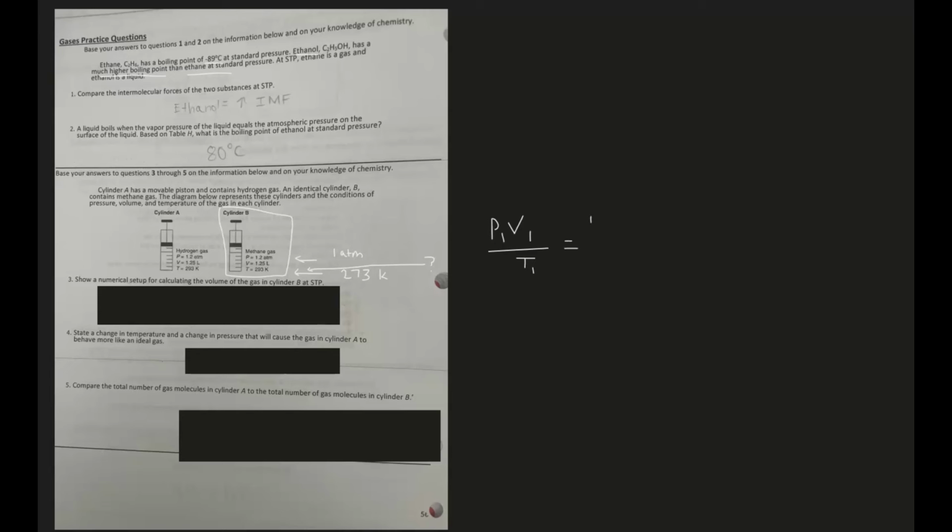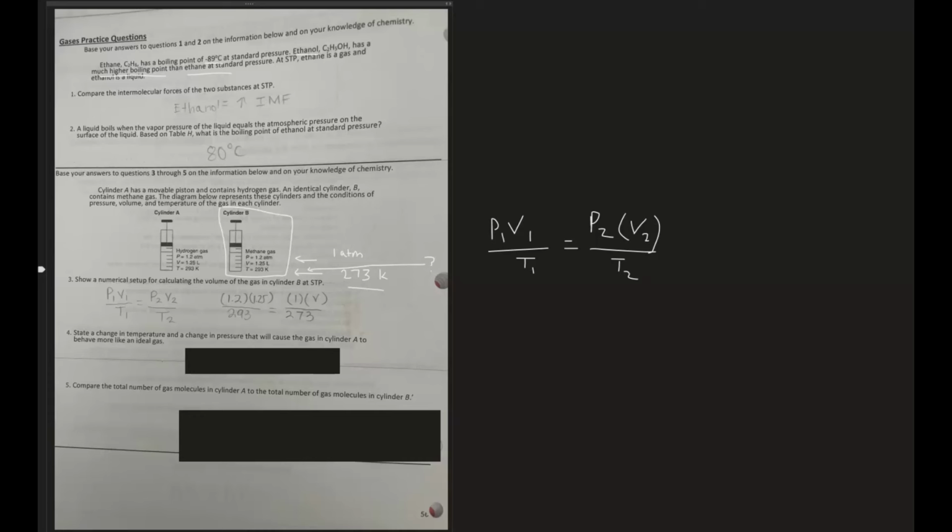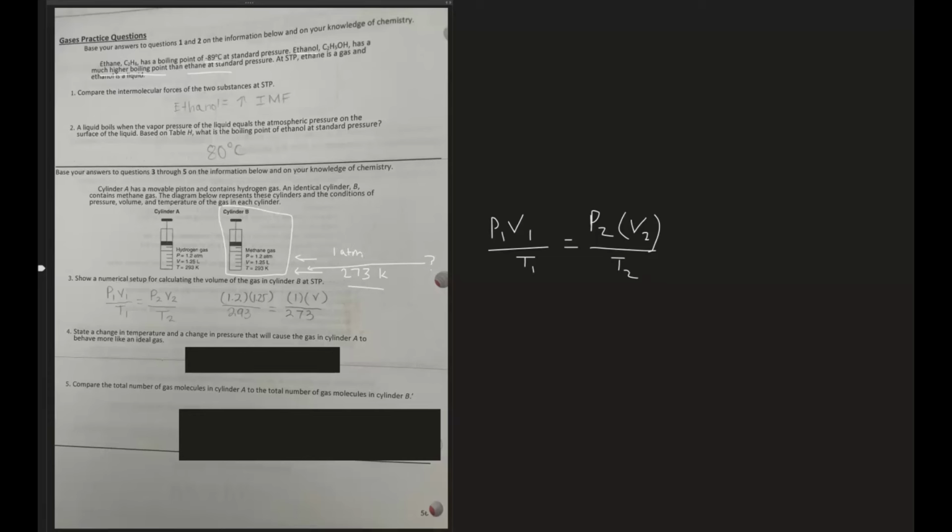And then we're just going to set this equal to the pressure of 2, in our case 1 atmosphere, over the temperature of 2. We know it would be 273 Kelvin for STP conditions. And then we're just going to solve for the final volume here. So if you plug in the numbers, you should get that. So we only need a numerical setup. We don't actually have to solve for V.